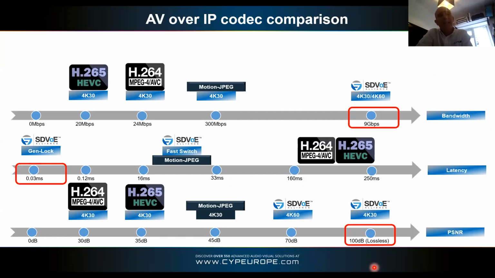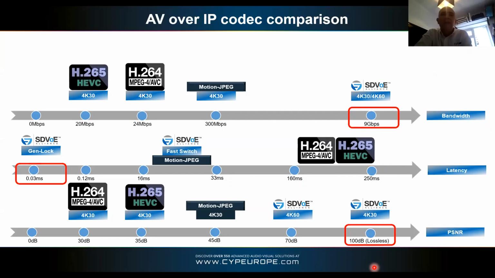And then latency. So latency is reversed. The smaller the number, the better. So how close to real life is it? Is it delayed when you see the picture between the real transmission and you receiving it on your TV? And as you can see there, in its most hardcore mode, which is its Genlock mode, which is when the scaler is activated as well, then you get this incredibly low latency, which does help with the switching time.